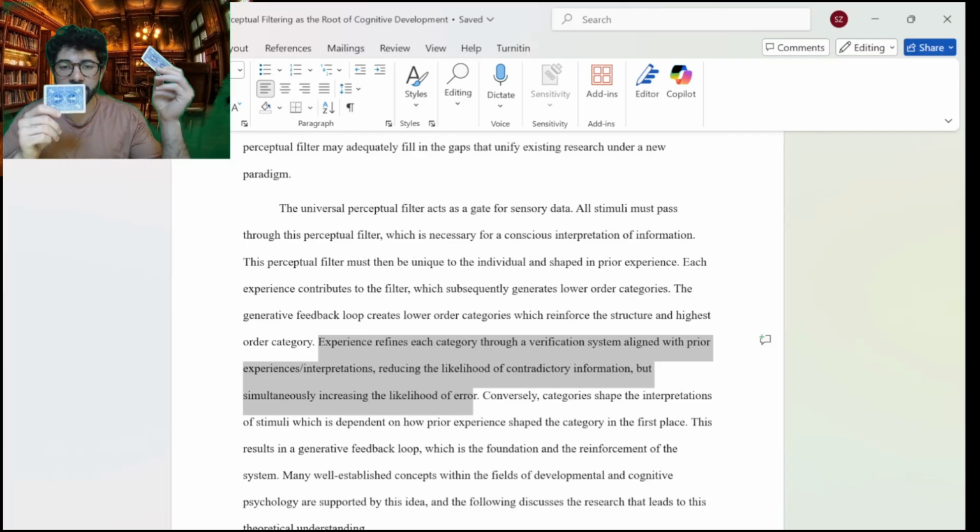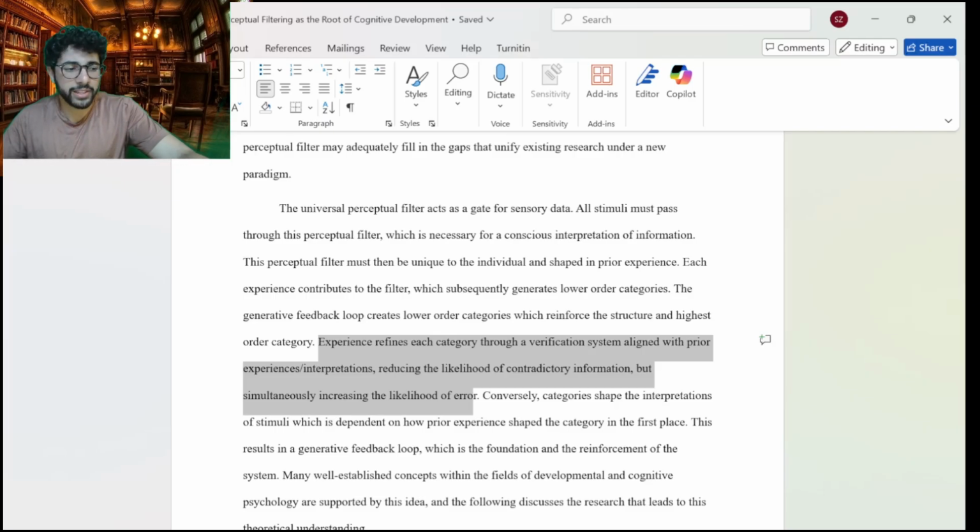Now you have an experience where you were sad when you experienced this thing. So you filter it through. Your highest order category says, hold on, what are other times that we felt sad? And then that experience gets categorized with the other experiences you had when you were sad. That's how that's going to work.